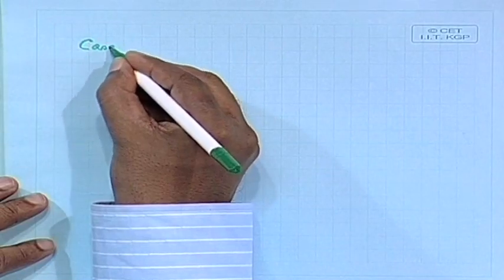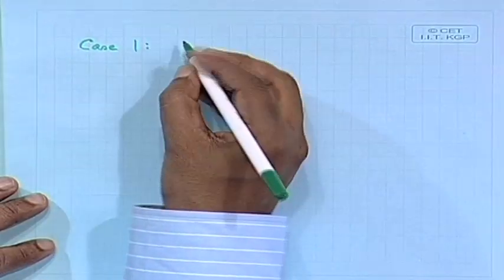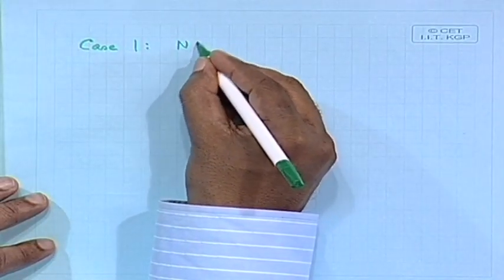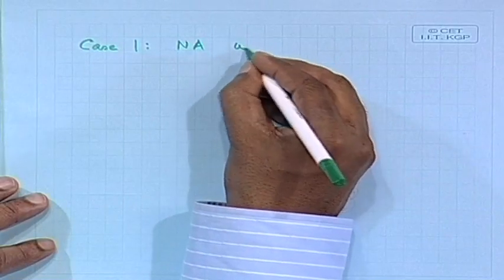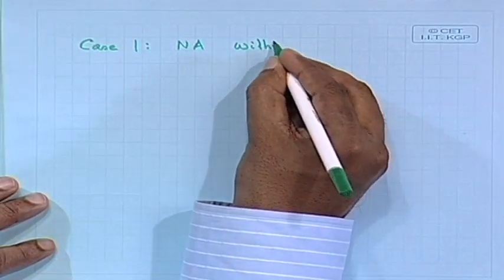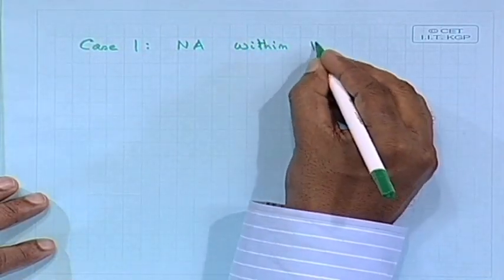So, case 1, neutral axis within the flange.